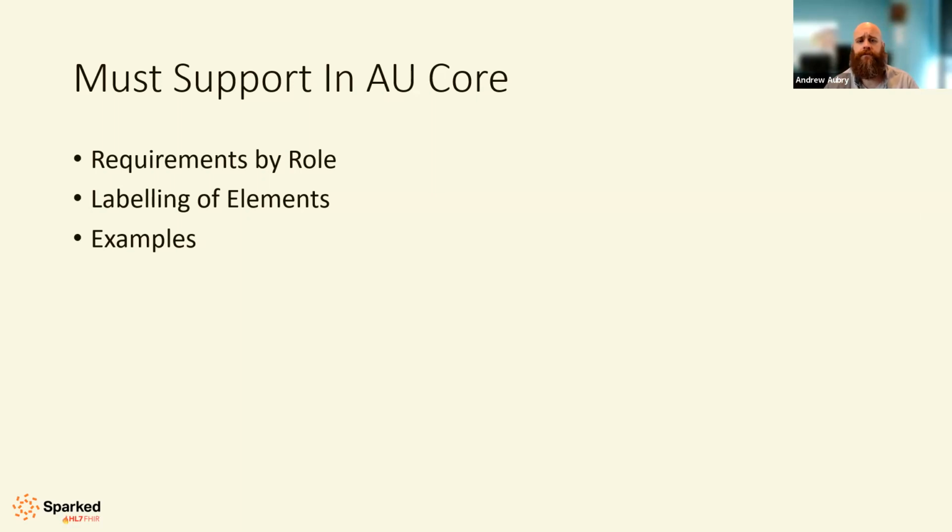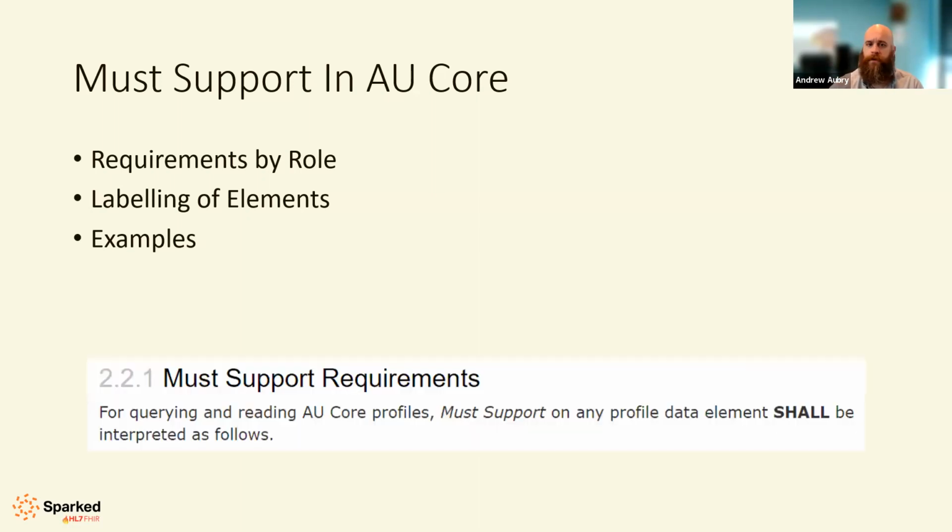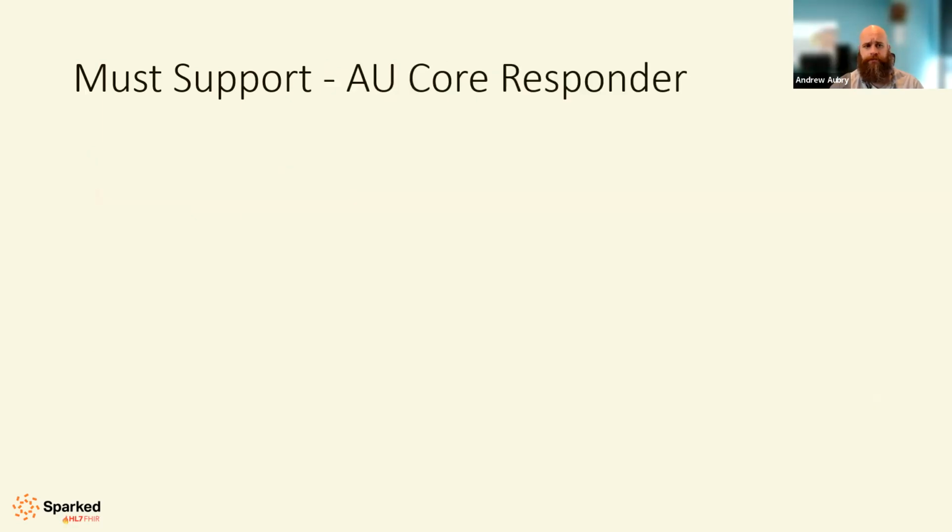So taking an actual resource profile and comparing that with some JSON representation of that resource to understand the validity and how must support truly shows. The actual definition of must support is a requirement, and as I mentioned earlier, part of the conformance, a way that you attest to conformance for the implementation guide. So when you actually go and look, these are the requirements that come up.